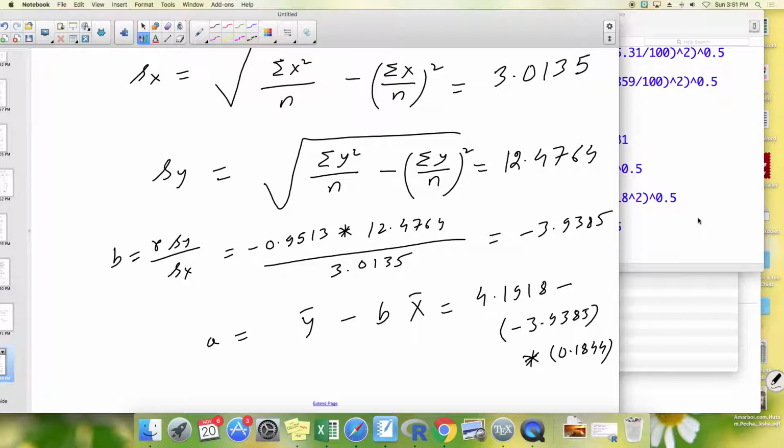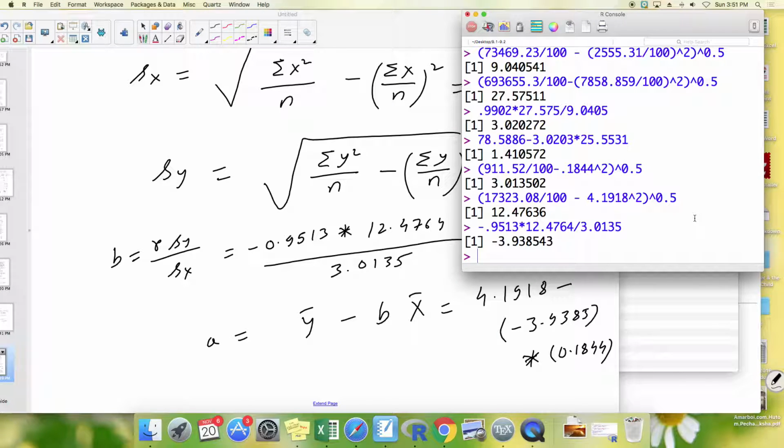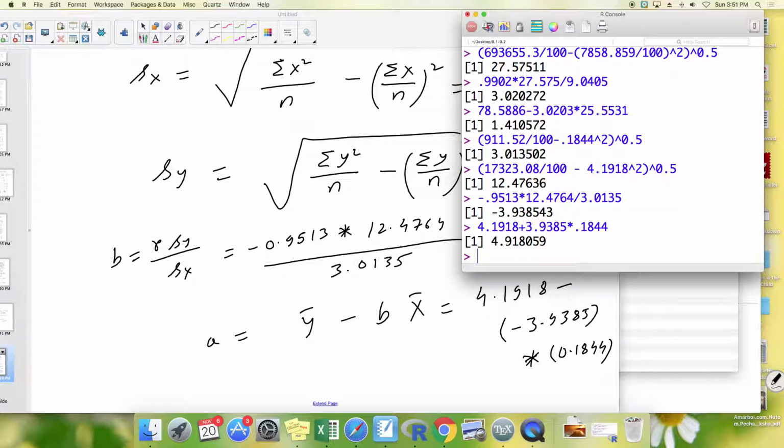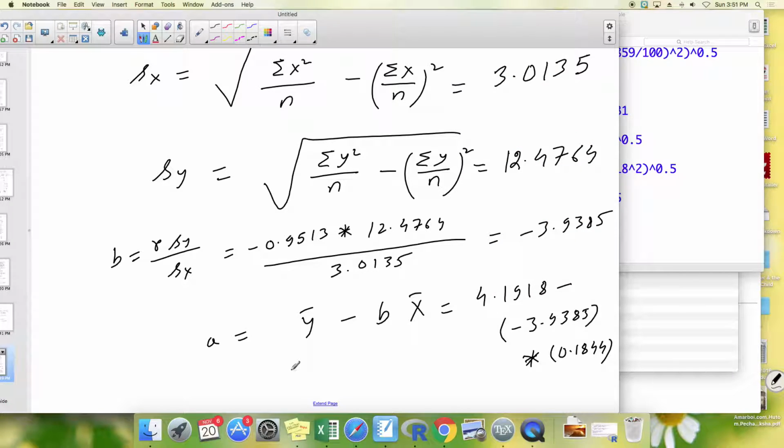You can see that the negative and negative will cancel to make positive, so it's 4.1918 plus 3.9385 times 0.1844, which gives you 4.9181 actually.